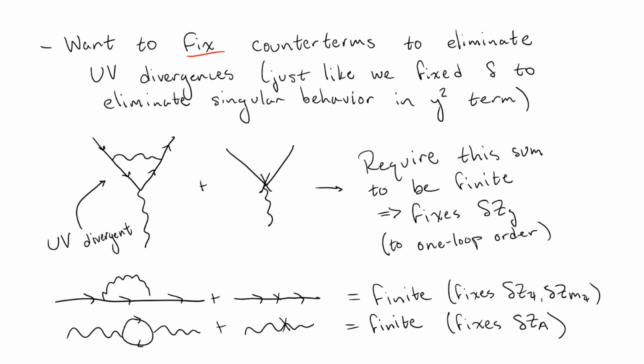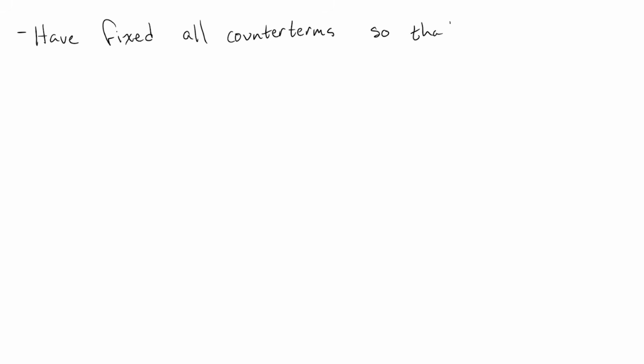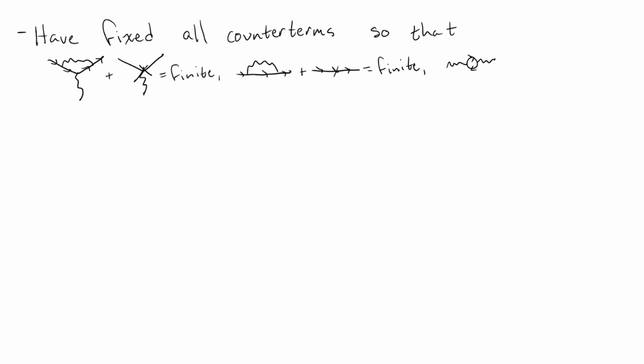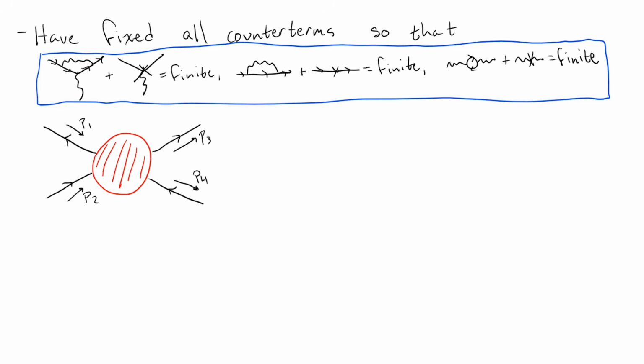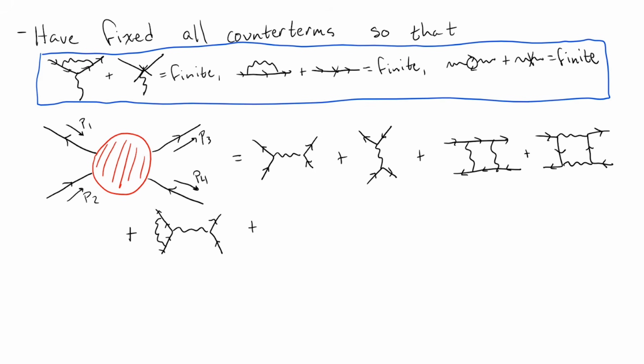So, at this point, we've completely fixed the divergent behavior of our counterterms so that they cancel specific divergences in our theory. Now, we can return to our example of Baba scattering. We can do the calculation in exactly the same way we did before, except now use renormalized parameters instead of the bare parameters. But this doesn't give us the full result.